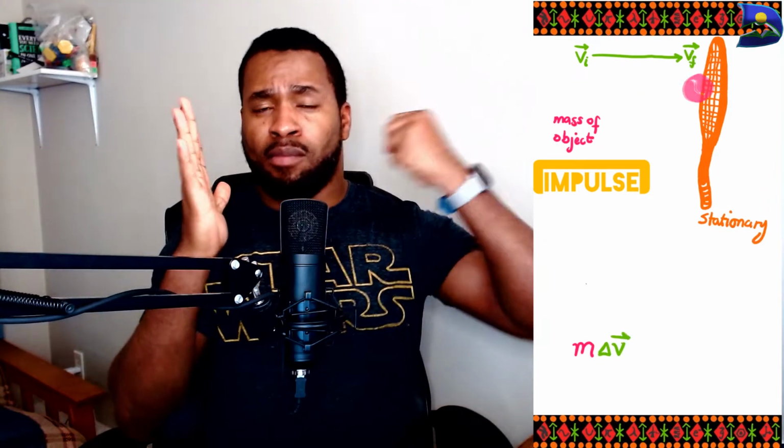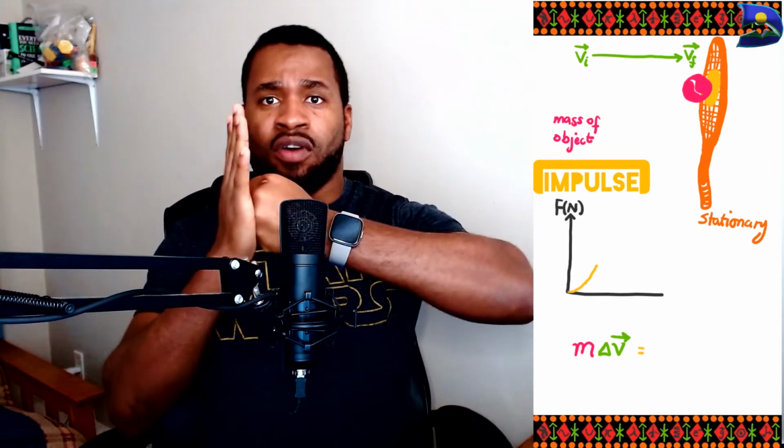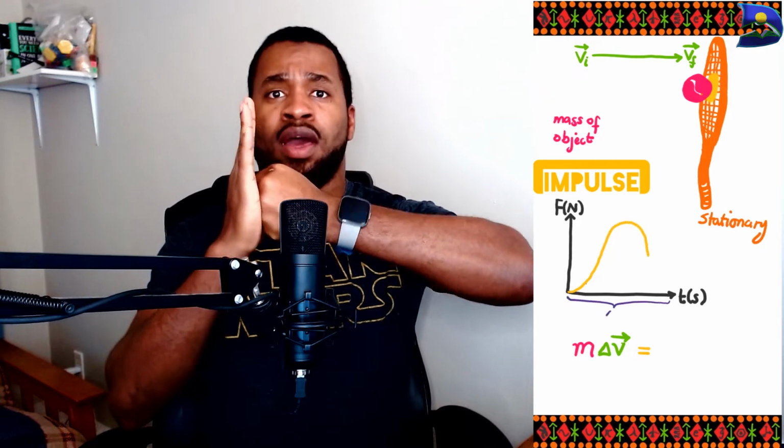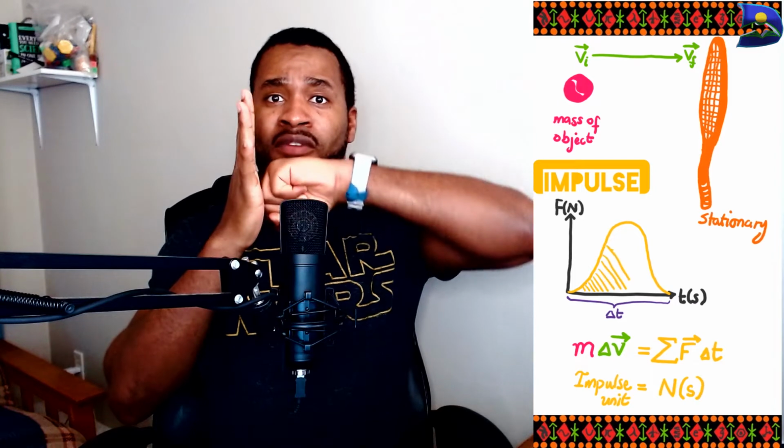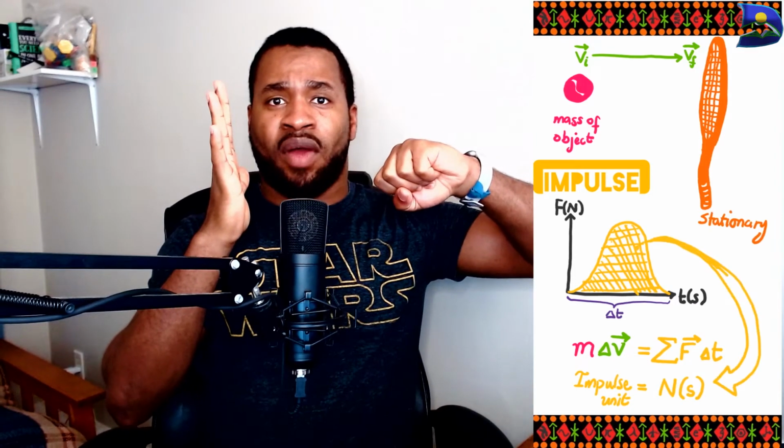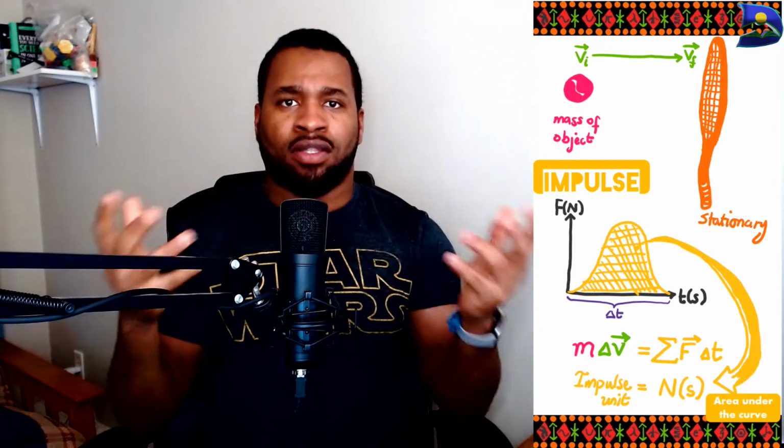So it depends on how you approach this, and there are many examples of how impulse actually is applicable. Like for example, you have a particular baseball thrower throwing a baseball at a particular pole. That contact between the ball moving at that particular force or exerting a force on that pole and the time the ball is on that particular pole before it moves in the opposite direction, that is called impulse.